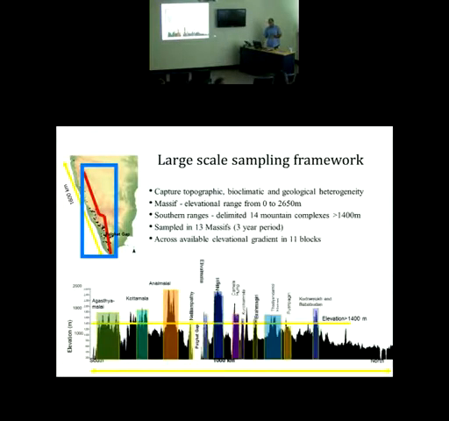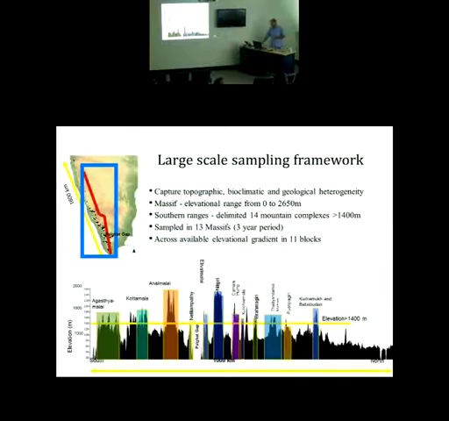to capture in our sampling the entire range of topographic, bioclimatic, and geological heterogeneity. We classified these massifs, which range from 0 to 2,600 meters, across 4 different mountain complexes and sampled almost all of them. We still have one left to go.